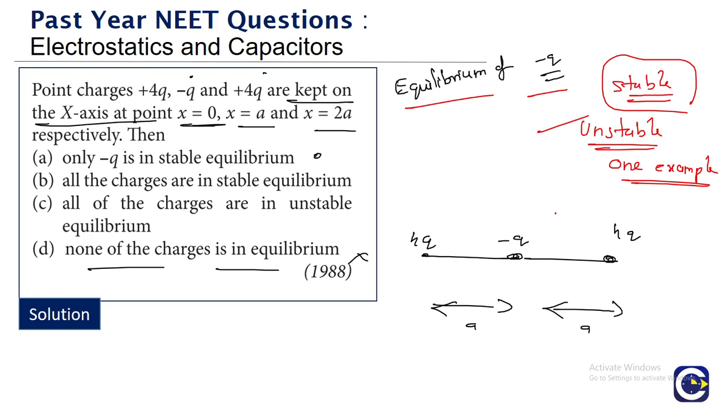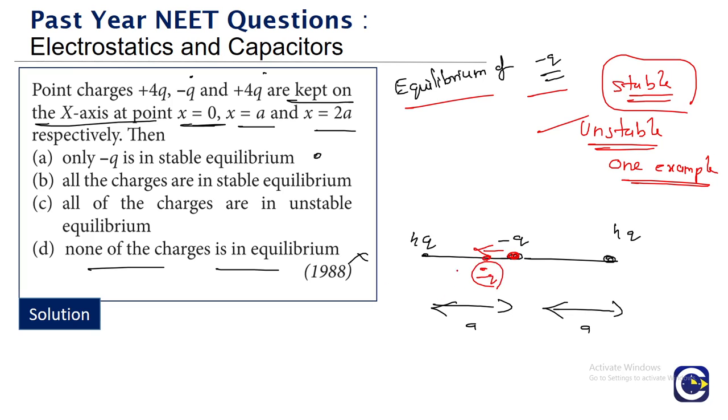If in one direction you displace, it is not able to come back, it is unstable. So just think about it. We will try to displace the minus q to the left side. Now it comes here, imagine.